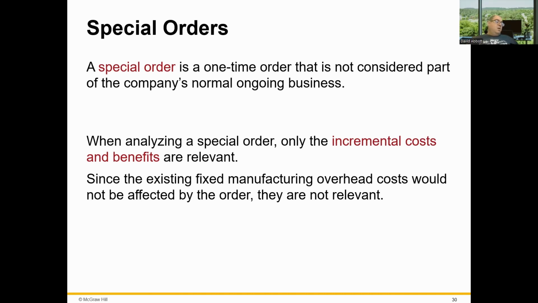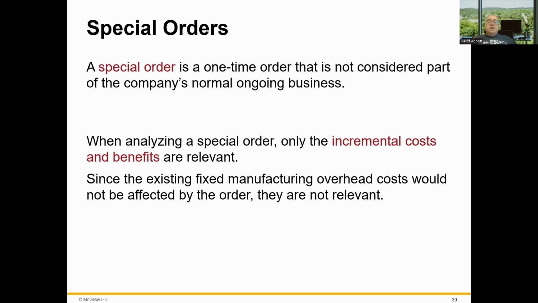They are not relevant. So again, remember the incremental concept in decision making. If a company accepts a special order to produce an item without carefully determining existing capacity, it might have to cut into regular production. The effects of lost sales from ongoing products might be devastating.